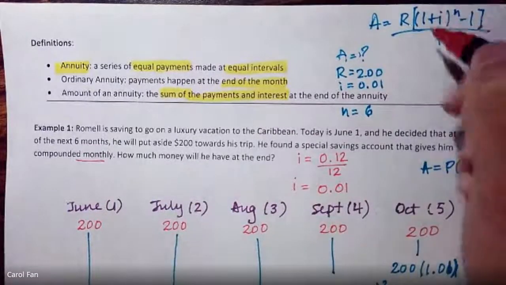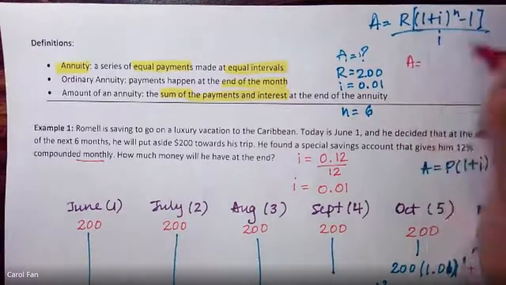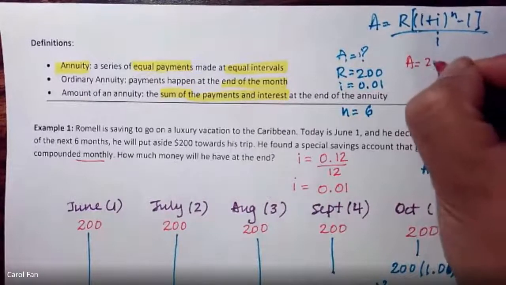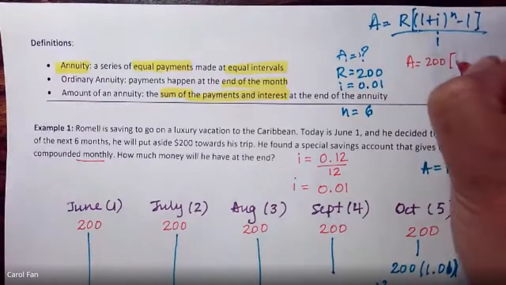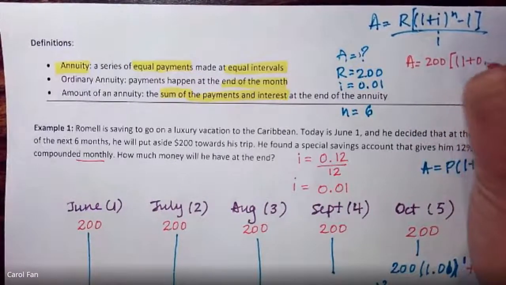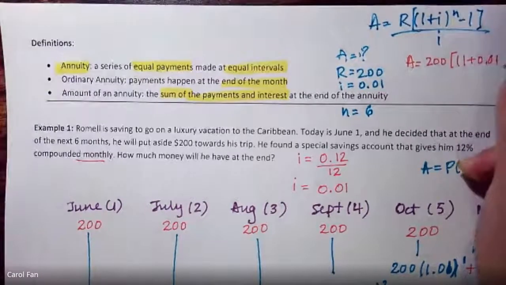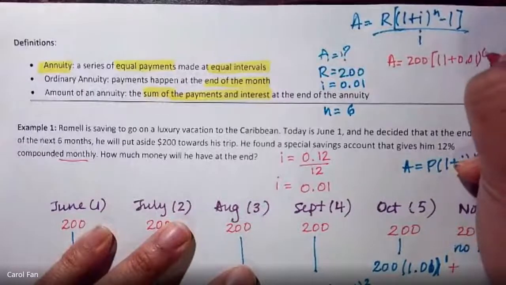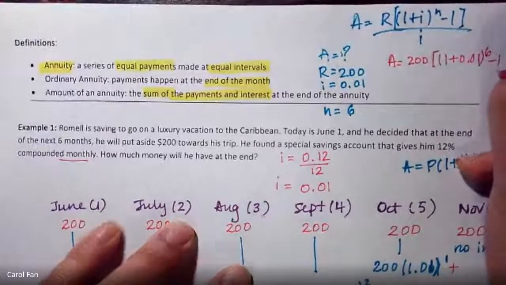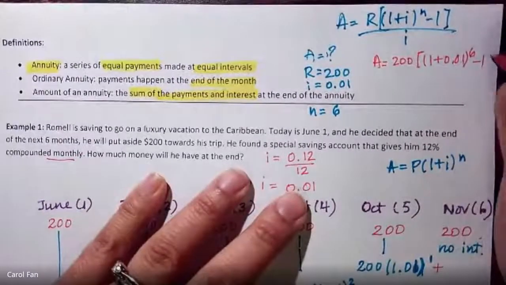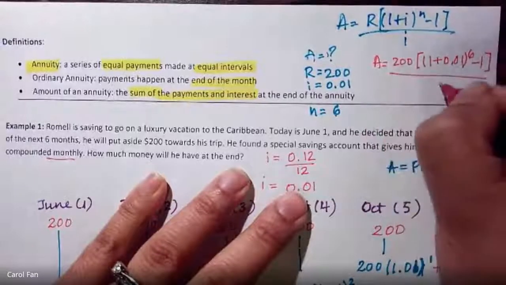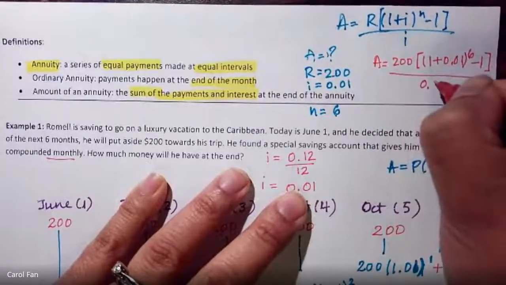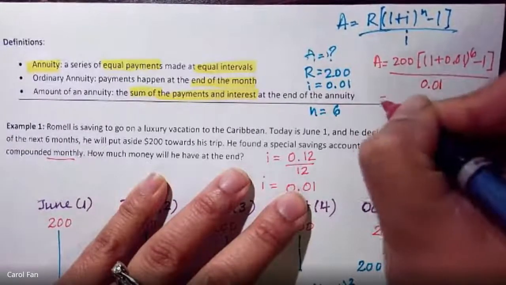So I could put this into my equation. A is equal to 200 times (1 plus 0.01) to the power of 6 minus 1, divided by 0.01.